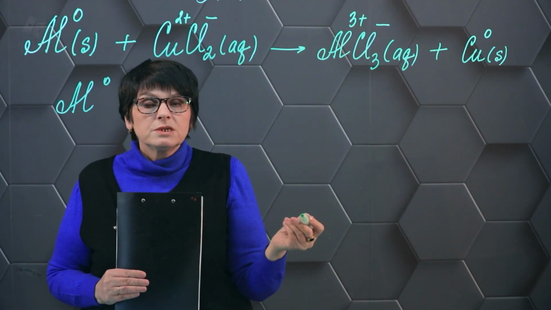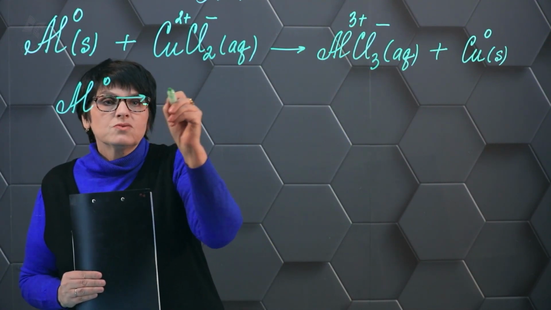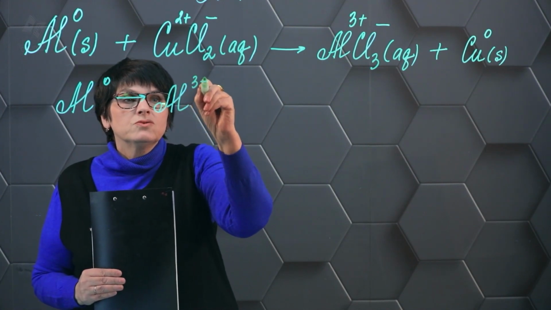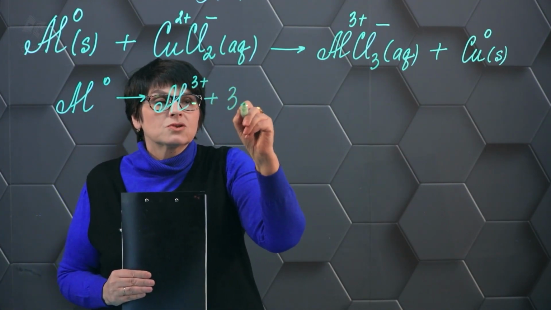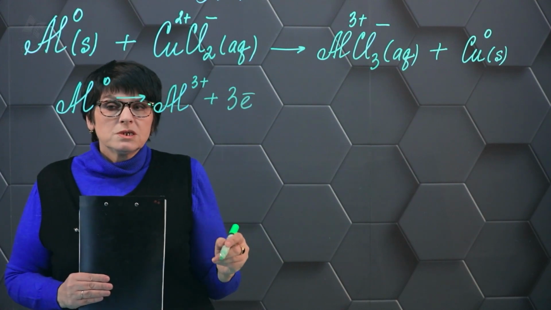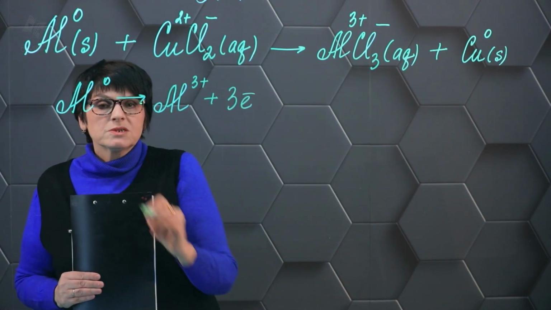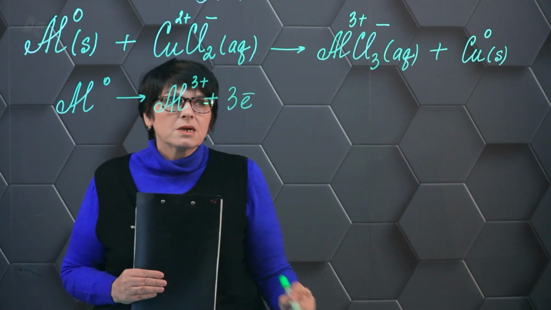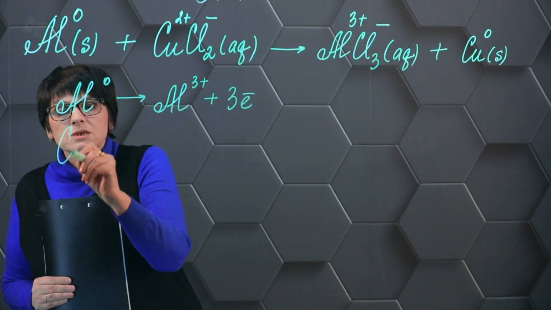So it loses electrons. Write this down in the form of aluminum 3 plus and plus 3 electrons. The electrons that aluminum loses are commonly written on the left-hand side. What does copper do at this time?